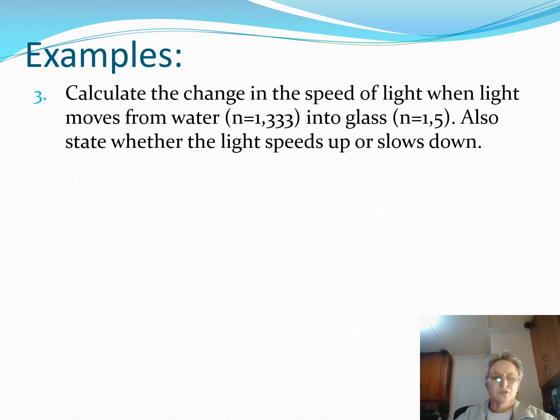This third example: calculate the change in the speed of light when light moves from water into glass. Also state whether the light speeds up or slows down. So in water, what is the speed of light? I'm going to change the subject of the formula n is equal to c over v to v equals c over n, which is mathematically correct.